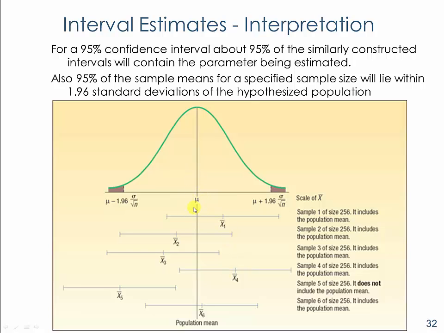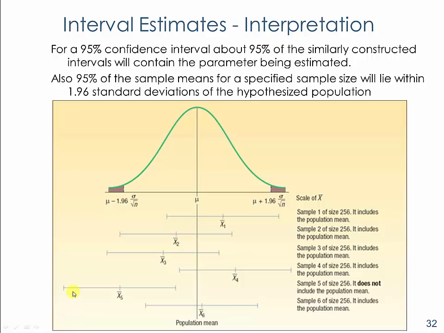The population parameter here is mu, the population mean, but 5% would not. In other words, those 5% of the confidence intervals that we created were essentially wrong. We didn't capture the population mean.